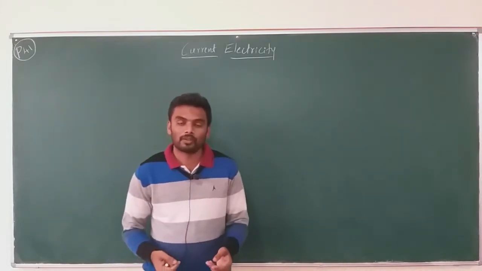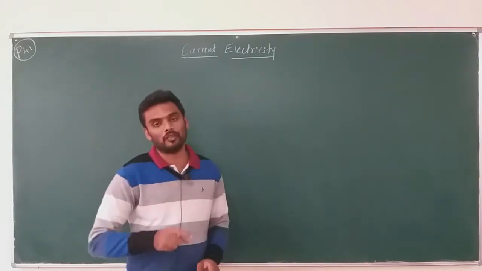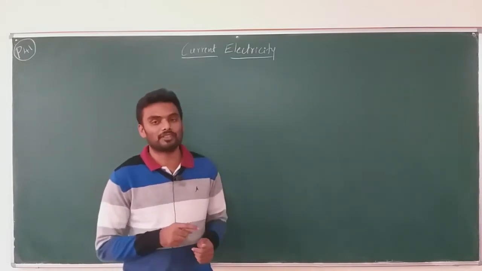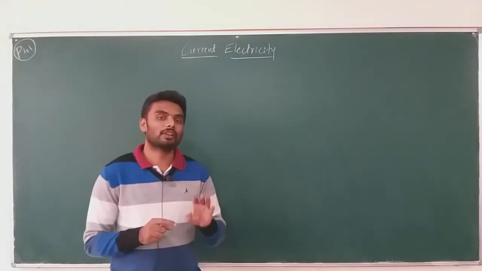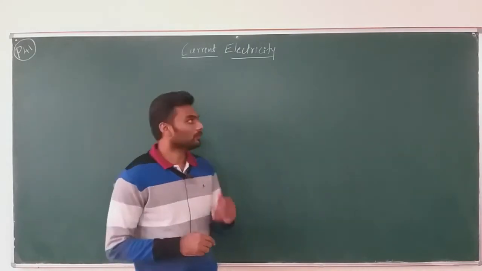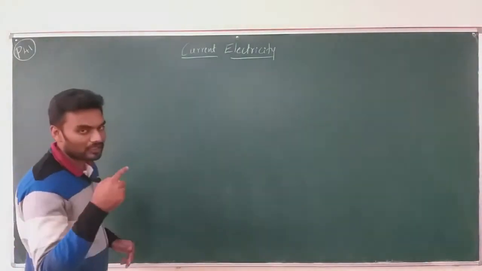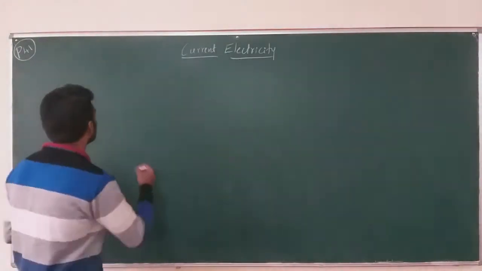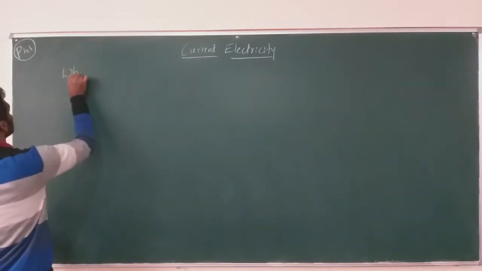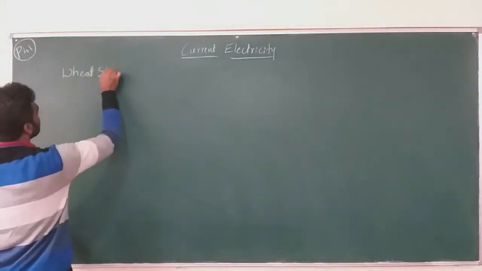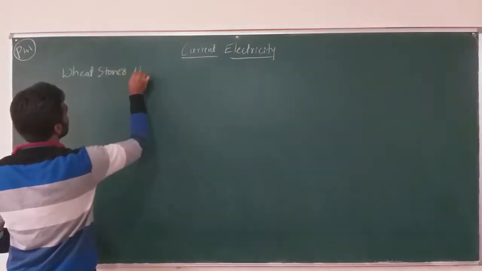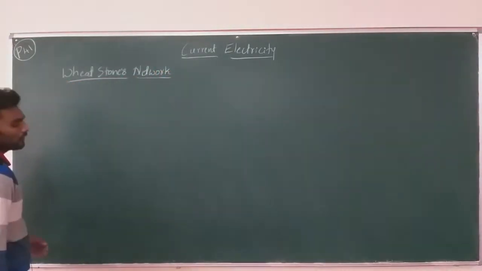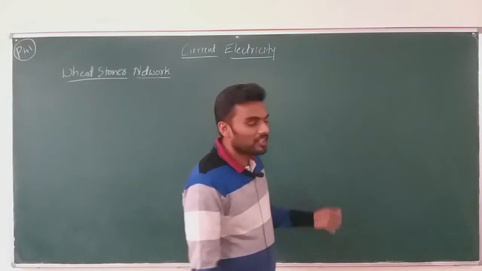Today we are going to discuss a particular network which is useful in practical applications, and it's also useful in many theoretical implications. So one particular electrical network that we are going to understand today is Wheatstone's network.